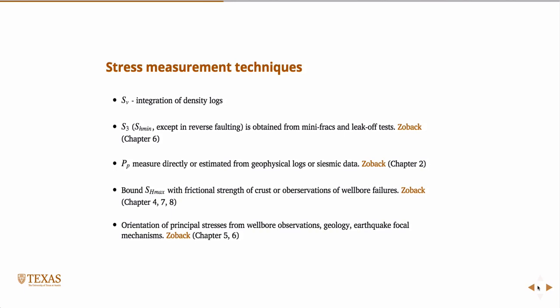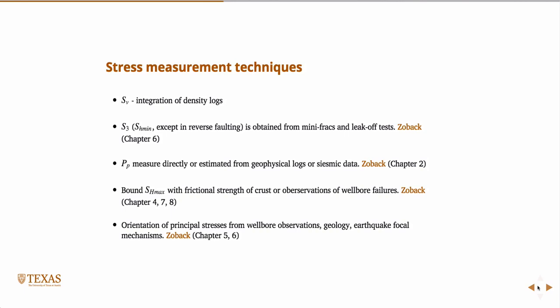S3, which is SH min for normal faulting and strike-slip faulting, is obtained from mini-fracs and leak-off tests. So we'll talk about these later. These are essentially little hydraulic fractures that are done on purpose in the course of drilling usually.